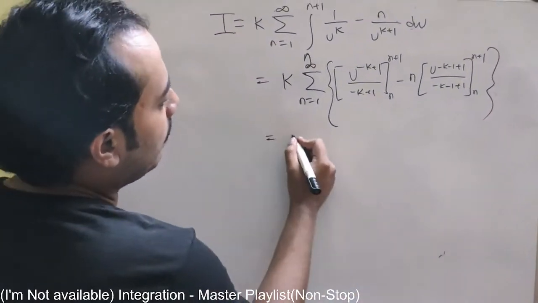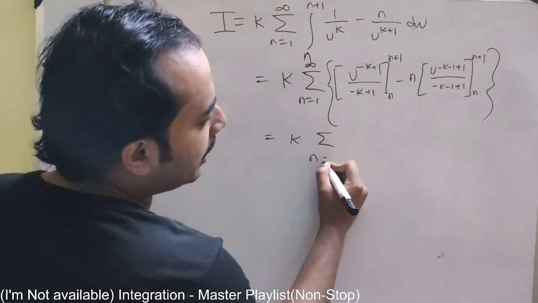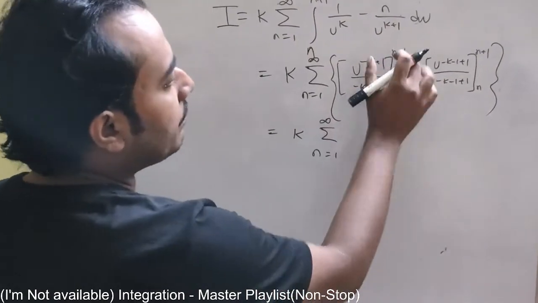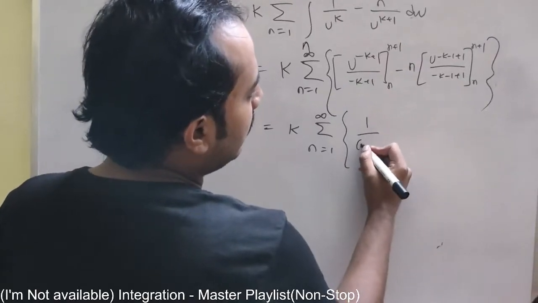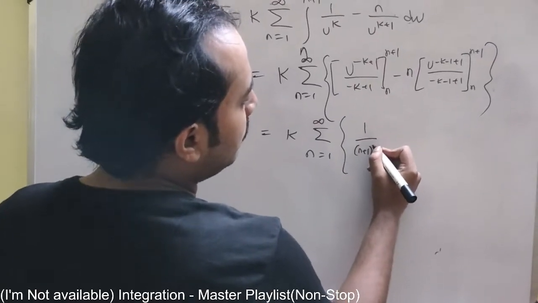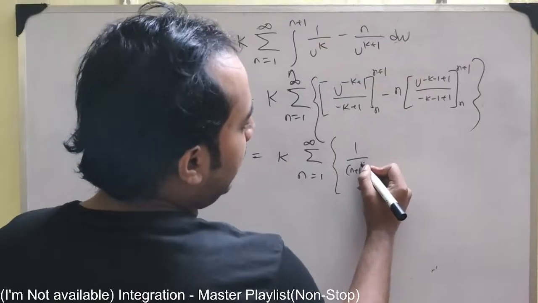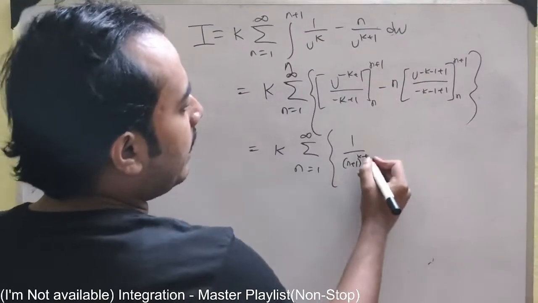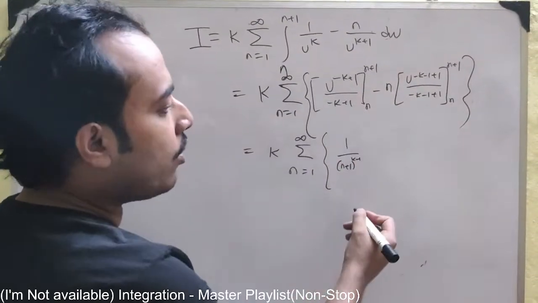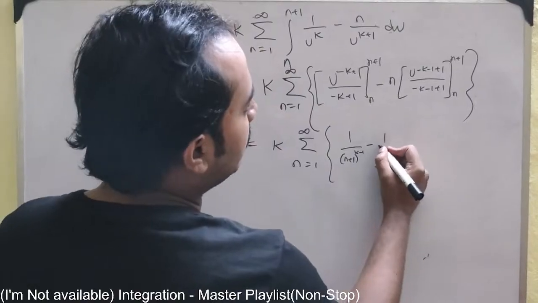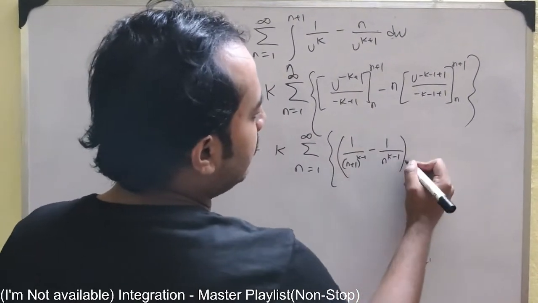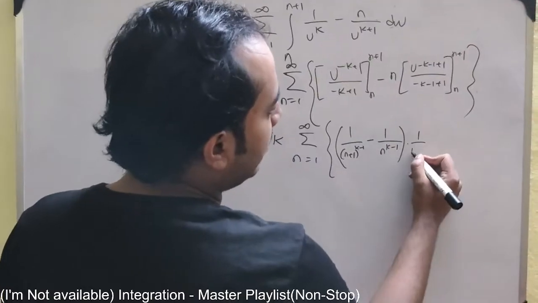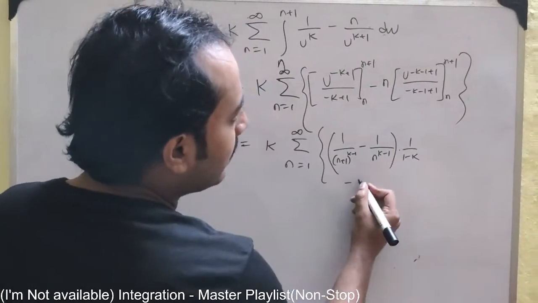Correct? Now write this as k times the summation n equals 1 to infinity. Now for the first one, we can put n plus 1 here. So we can write n plus 1 to the power, well, this would be k minus 1, and there is a 1 by 1 minus k common to both of them, so we'll simply do this here: n to the power k minus 1, multiplied by 1 by 1 minus k, minus n.